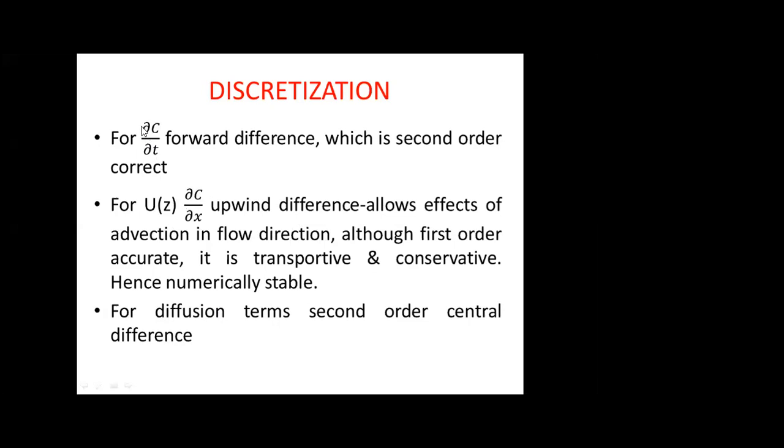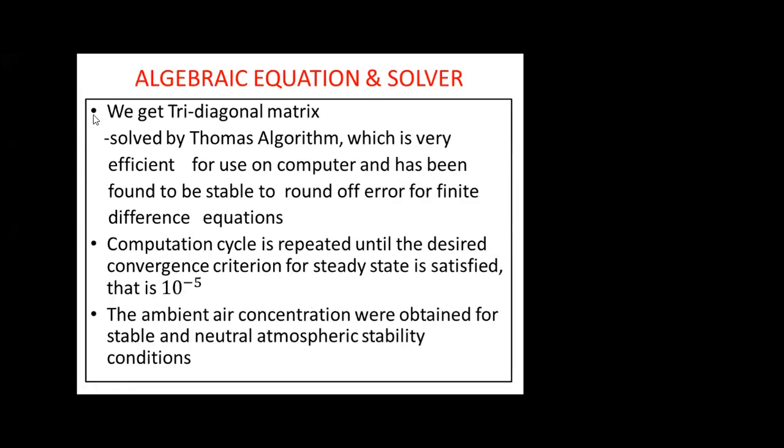So this, I convert into algebraic equation. And that algebraic equation can be easily solved. They are all tridiagonal matrix. And we have the Thomas algorithm, which is very efficient and which can be used to solve any tridiagonal matrix of any order.